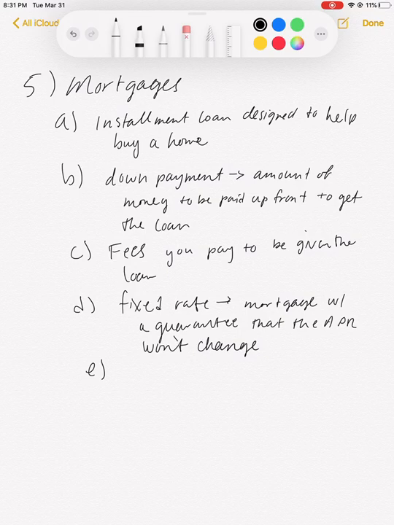What is the adjustable rate mortgage? So an ARM, or an adjustable rate mortgage, means that the rate can change. You'll want to be very careful with these types of mortgages.